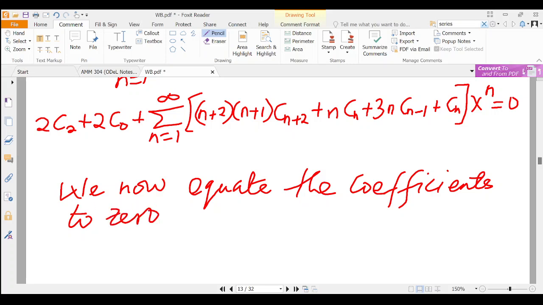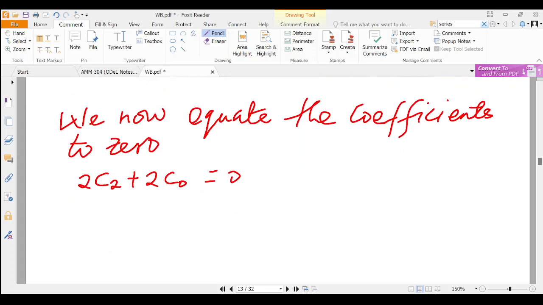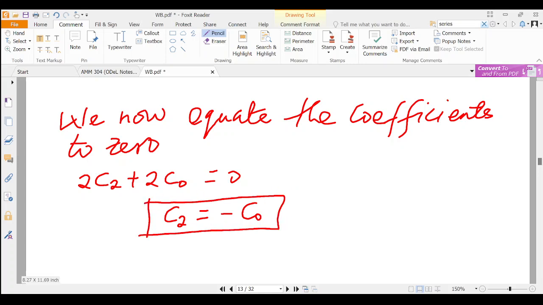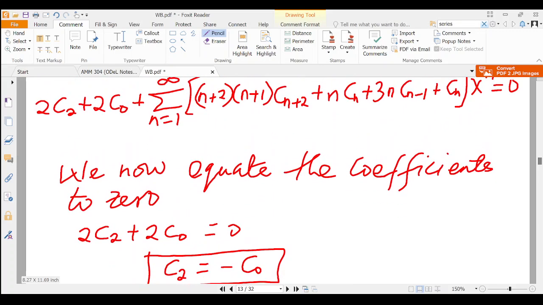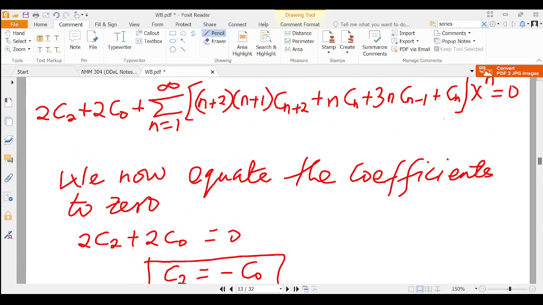So first we have 2c_2 plus 2c_0 is equal to 0. And this will give us c_2 is equal to negative c_0. So we can write c_2 in terms of c_0 as negative c_0. Then we equate the other coefficient here to 0.